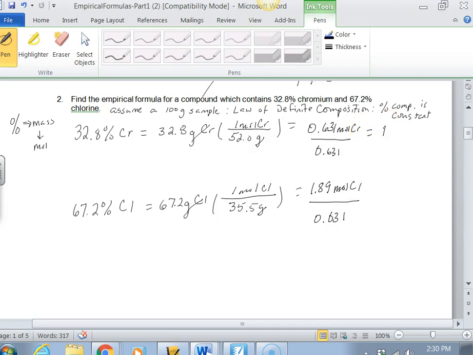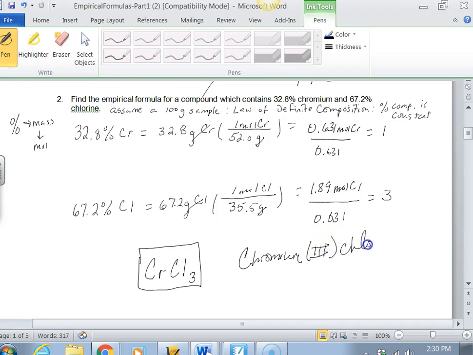This becomes 1, and this is 3. So our formula is CrCl3, which is likely chromium(III) chloride.